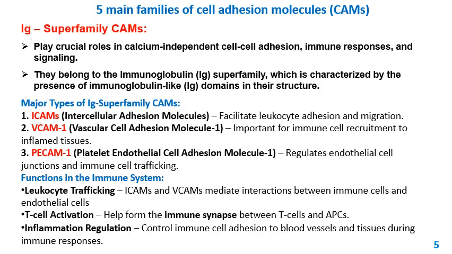So next superfamily here, you have your immunoglobulin domain CAMs. Those do not depend on calcium. Calcium independent, and of course they're important for immune signaling and cell adhesion, immune response. So let me see what is important here. Major types of those immunoglobulin domains.